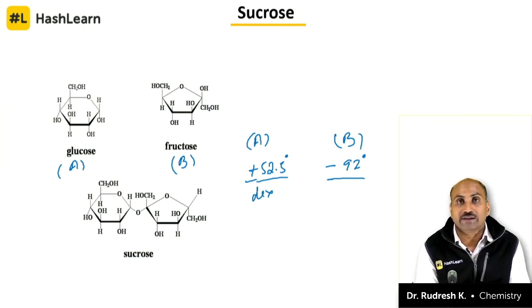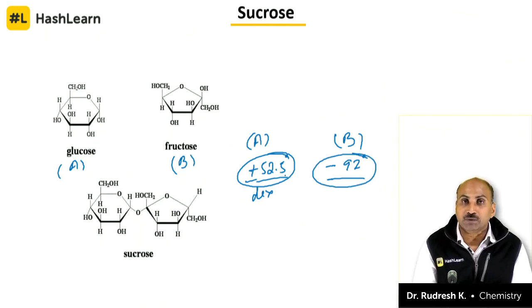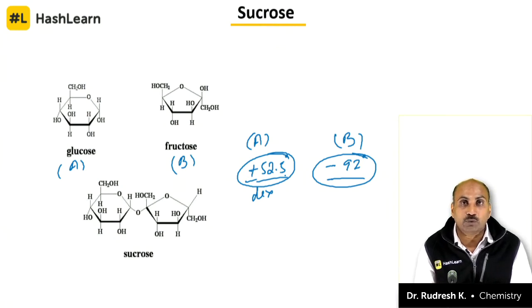When this gets to equilibrium, we get inversion of sugar. Because of the positive rotation and the negative rotation, they attain equilibrium. That process is called inversion of cane sugar. When the dextrorotatory and levorotatory forms are mixed together, the plane polarized light will attain a levo rotation.